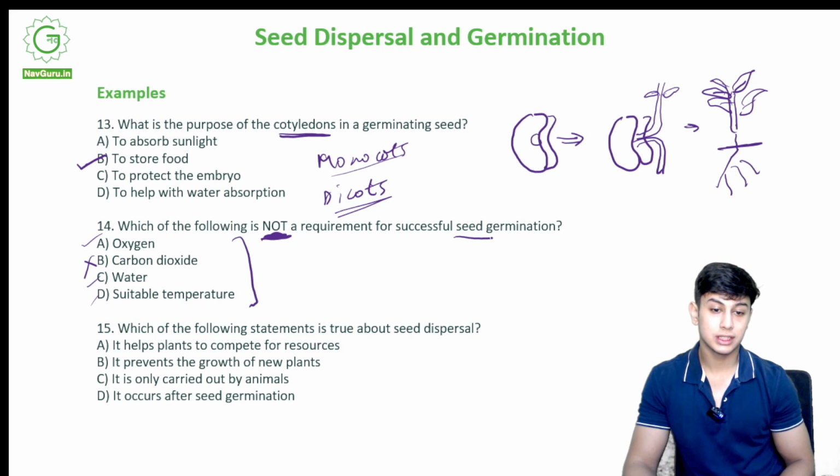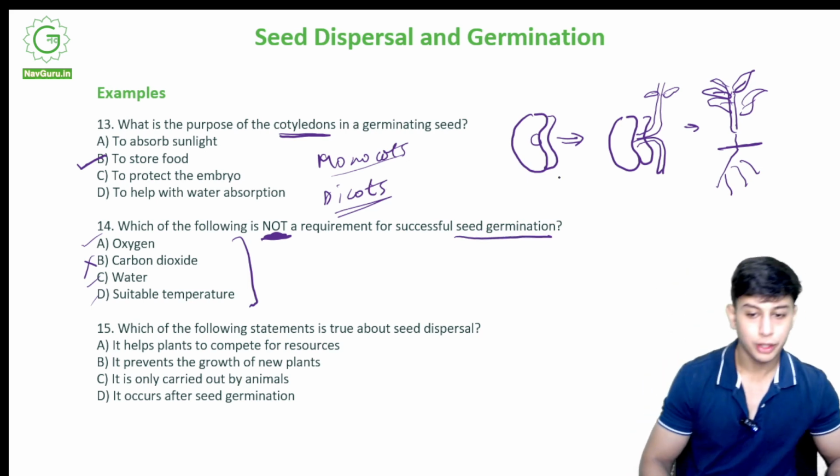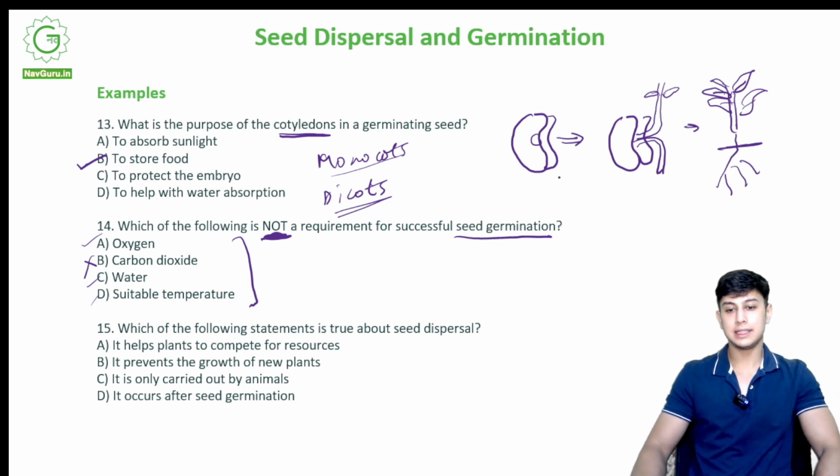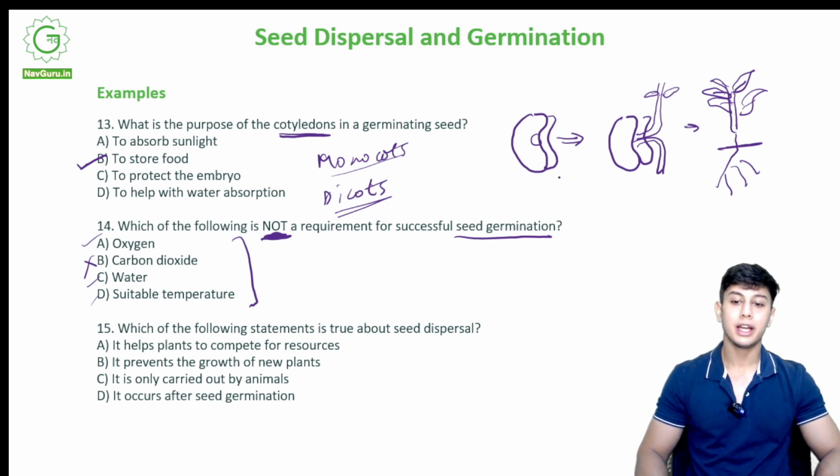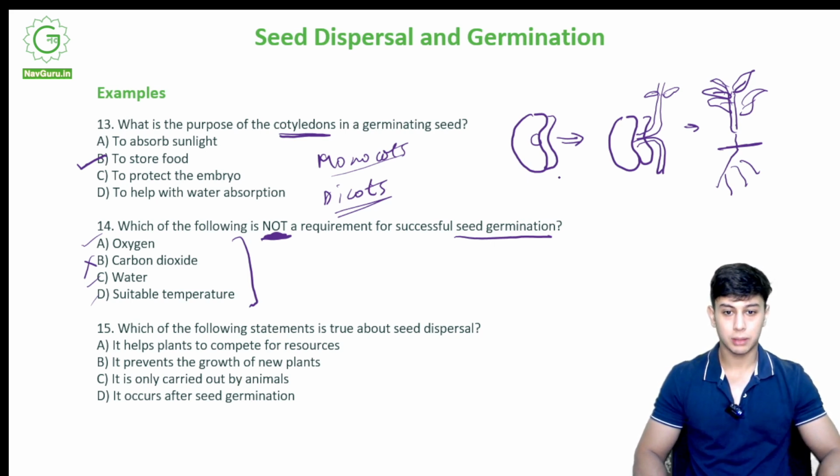Carbon dioxide is not required for successful seed germination. Now, you might think why? Because plants need carbon dioxide. No. When it is under the soil, it requires water, it requires a good warmth, it requires oxygen to germinate, to start getting a shoot, a plumule, and a radicle root.